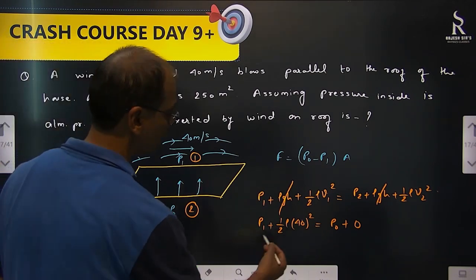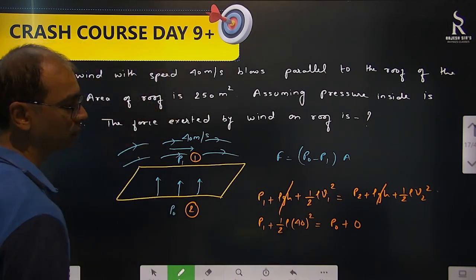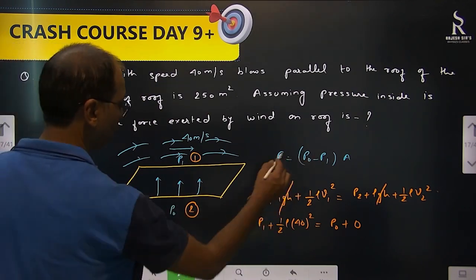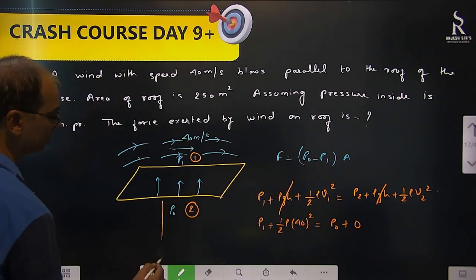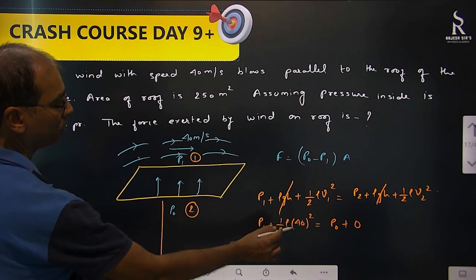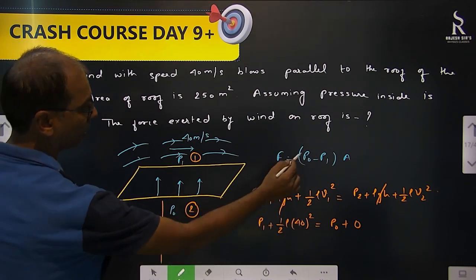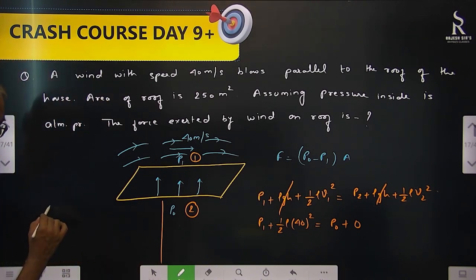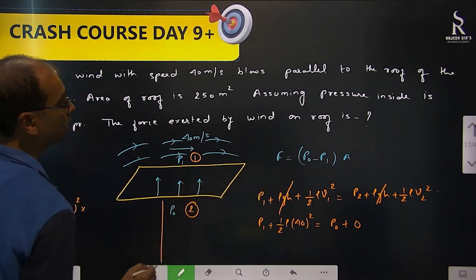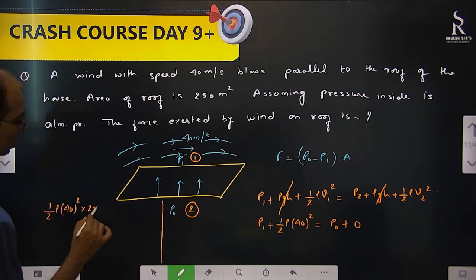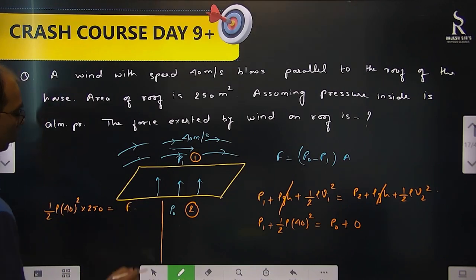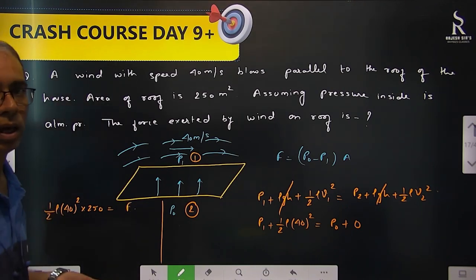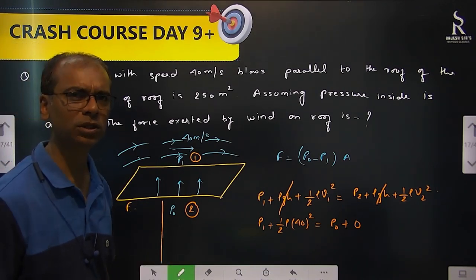What is the P naught value? See, P1 plus half rho 40 square, that I am going to put here. Now see, P2, that is P naught minus P1. So P1 is cancelled and you are getting half rho into 40 square into area. Area is 250. Now this is the force. What is the density of air? You can consider 1.2 kg per meter cube.